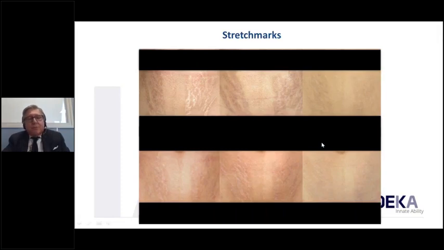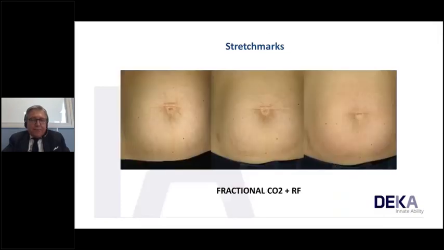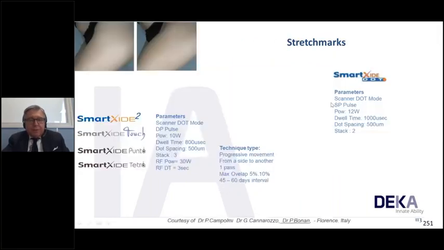Not in terms of complete restoration of the normal skin, but in terms of narrowing the stretch marks, so that the final result in terms of appearance is very, very nice, is very good, and the compliance of the patient is very high. This is an example where we have not only the improvement of the stretch marks, but even the increase in the tone of the skin. You can see here in the periumbilical area the results.